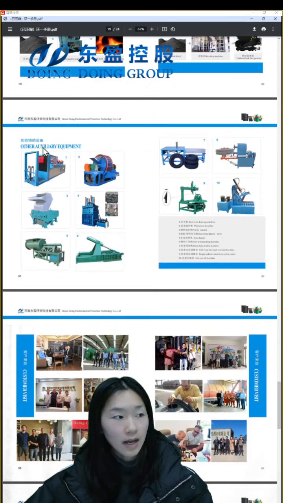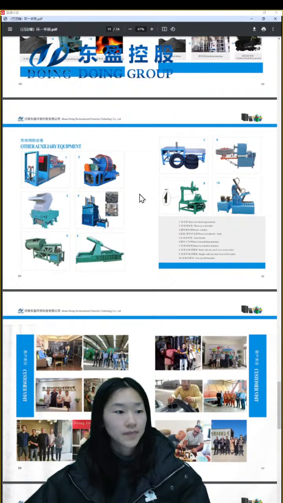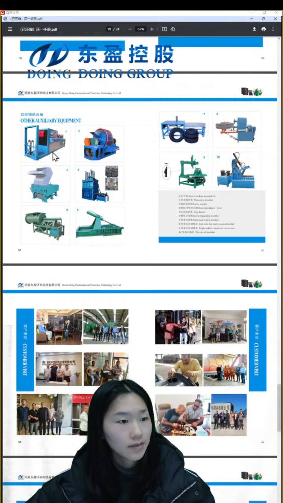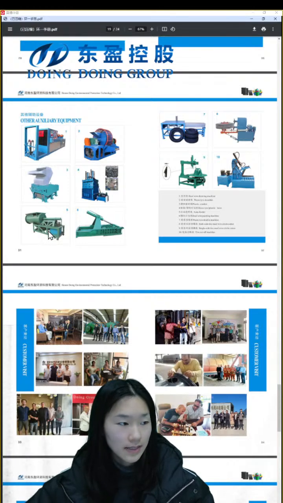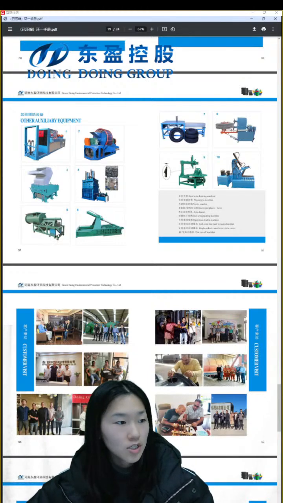Okay, these are our other auxiliary equipment. This one is the steel wire drawing machine. This is the waste tire shredder, plastic crusher, waste tire or plastic baler. This is the automatic feeding machine.